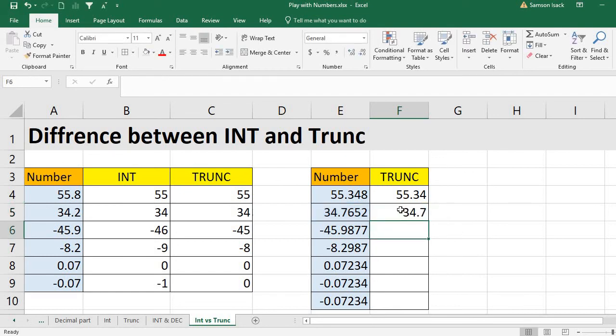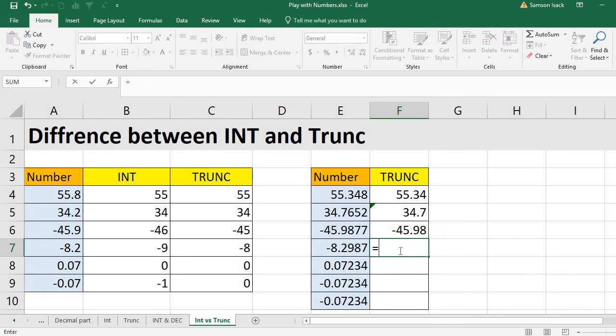After that it will remove the rest, it won't round off, it just truncates. For negative numbers, what happens? With 2 digits, it works as expected, minus 45.98. The remaining third and fourth digits in the decimal part, it is leaving out.